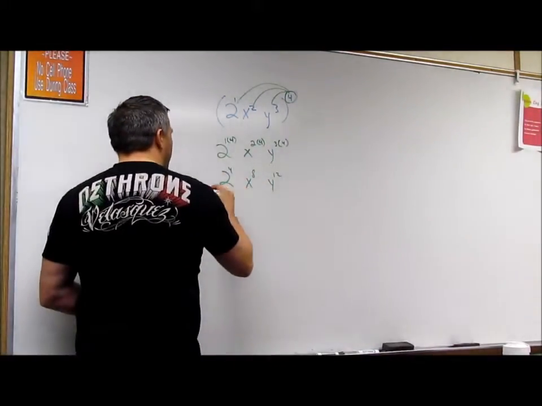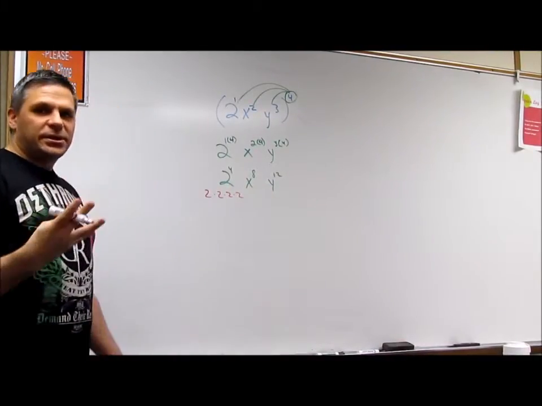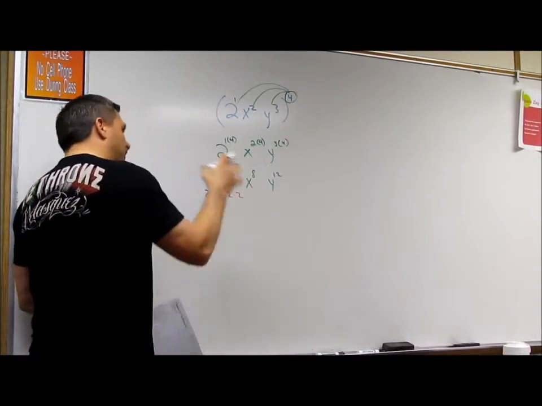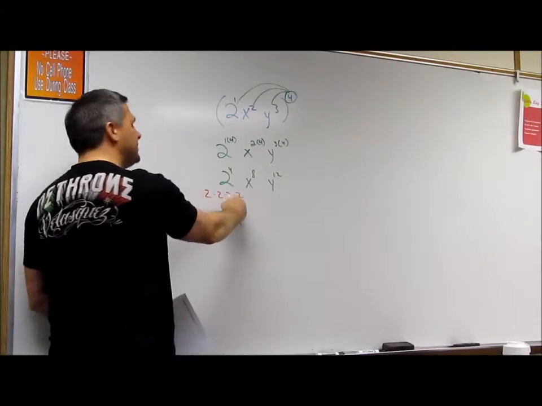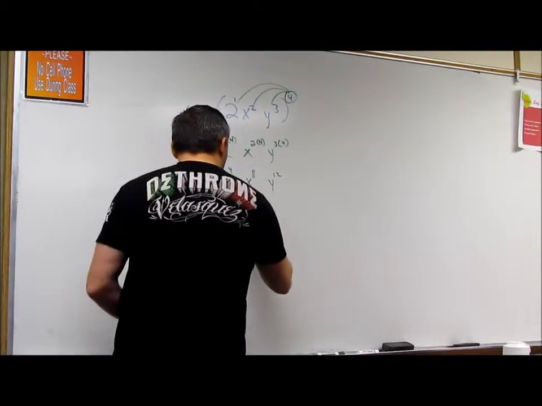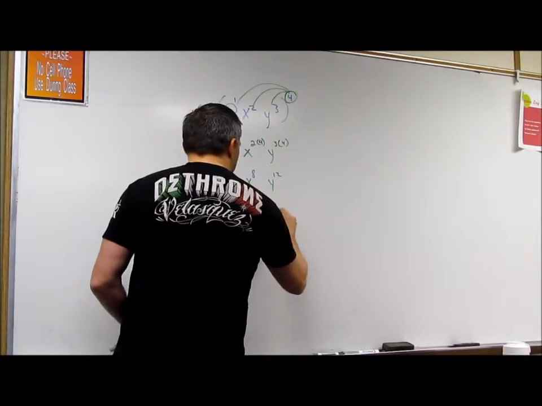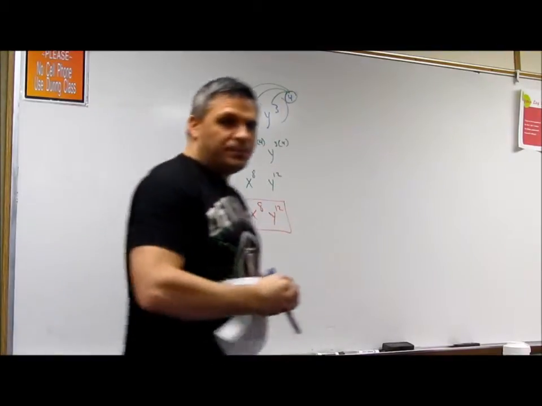And this number is really 2 times 2 times 2 times 2, because it's 4 2's. So I need to make sure I do this properly. So it's 2 times 2, which is 4, times 2, which is 8, times 2, which is 16. 16, x to the 8, y to the 12. And then that's number 2.